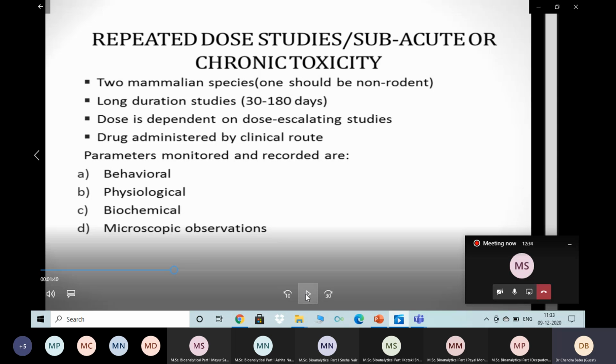So in the biochemical observations, you'll be understanding the ADME concepts in detail. In microscopic observation, you are trying to understand the way it is going to settle down in individual cells. For example, those which have a tendency for certain tissues tend to get accumulated in that particular tissue, so that is being checked out.